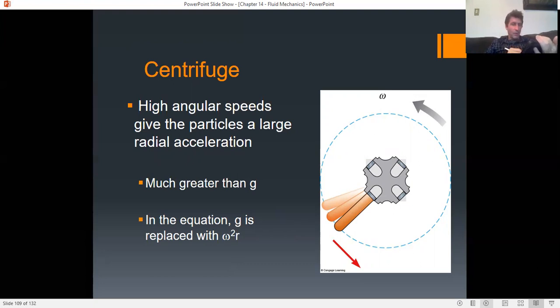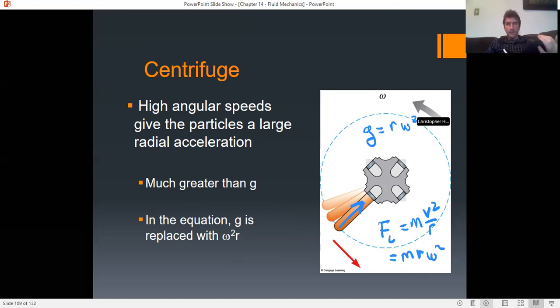The force to keep this test tube going around in a circle, the centripetal force, is equal to mass times the tangential velocity squared divided by the radius. Or in terms of angular velocity, we can write this as m r omega squared. So the effective G in a centrifuge is simply r omega squared.